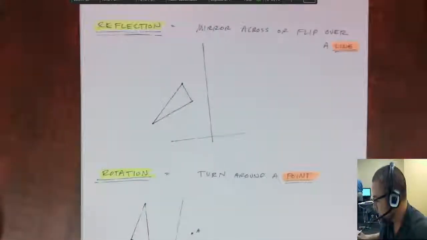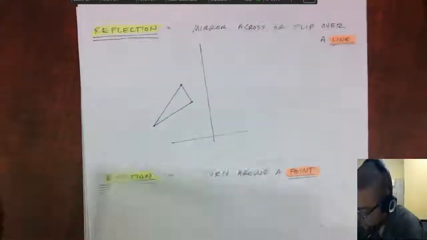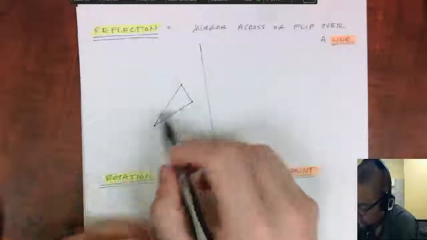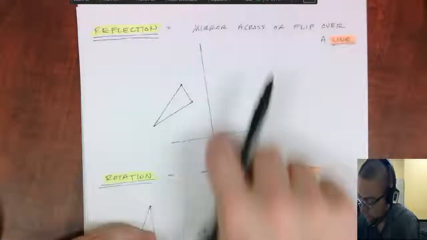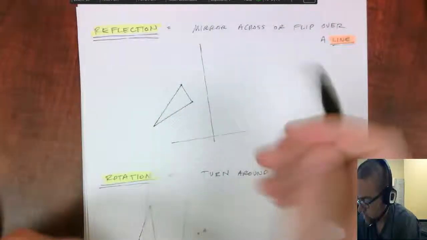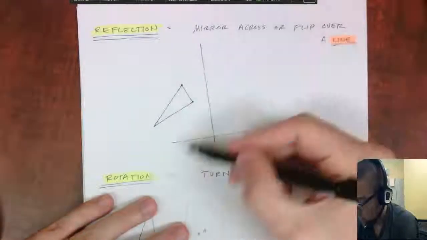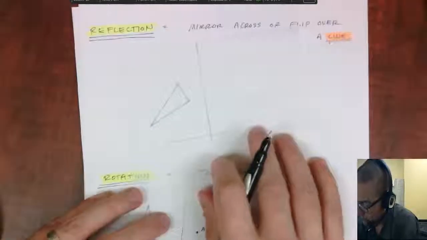Okay, so let me grab another piece of paper. I want to mirror this shape across, I'll say this line. You could mirror it across this line or any random line that you want to draw.